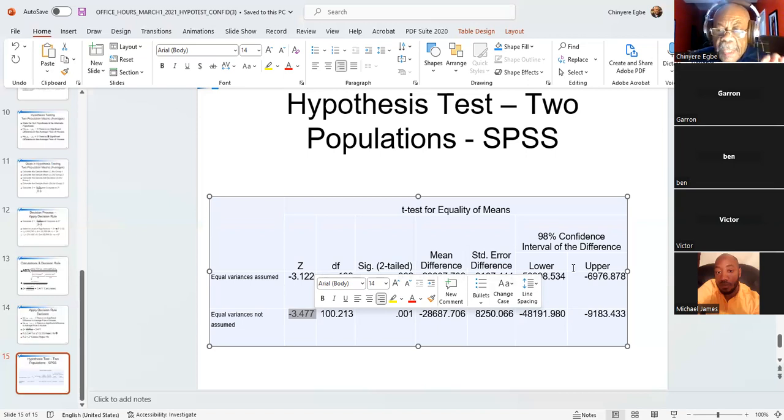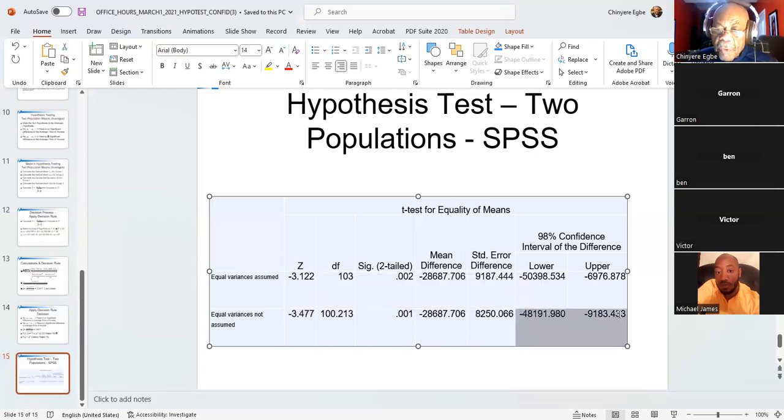But what happens is that if you do a confidence interval, instead of calculating a calculated Z, as I explained last time, if you have two negatives in the confidence interval, that means you have to reject the null hypothesis of equality. If you have two negatives or two positives in the lower and upper values, then you must reject the null hypothesis of equality, okay?